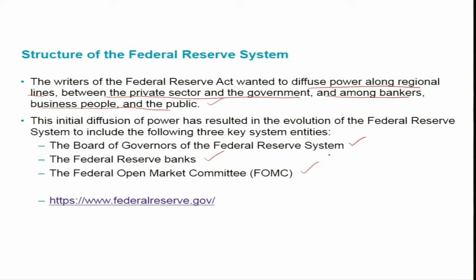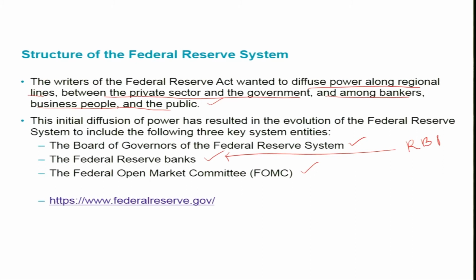Here, unlike India, where we have only one central bank called RBI, the Reserve Bank of India, run mostly by a centralized power without representation from bankers, business people, the general public, etc., in the US there is no single central bank as such.